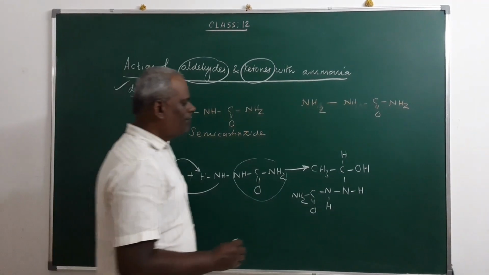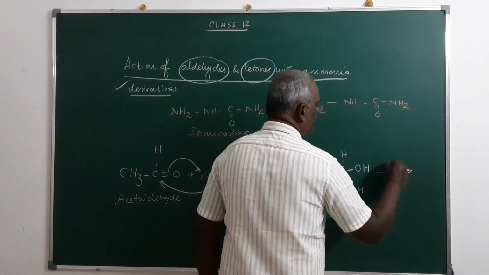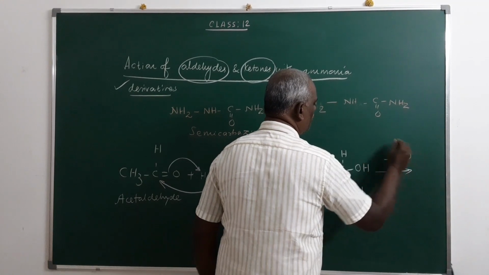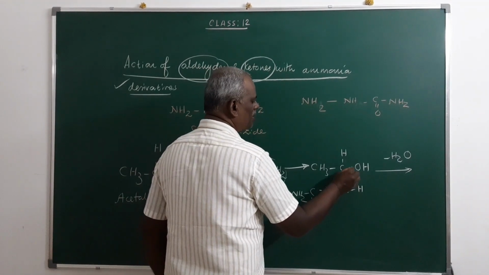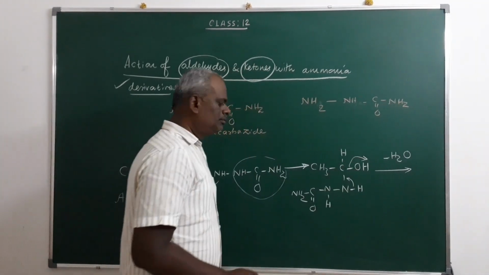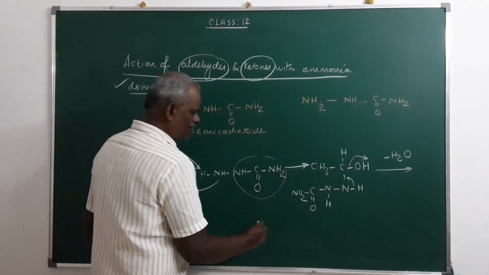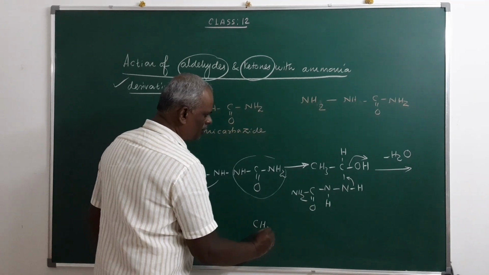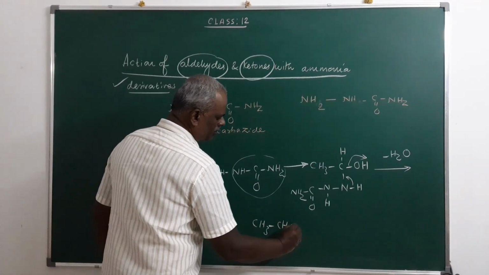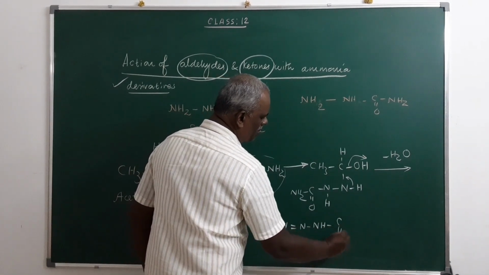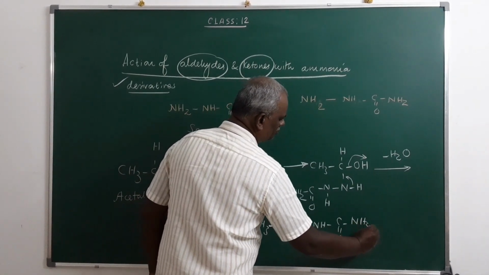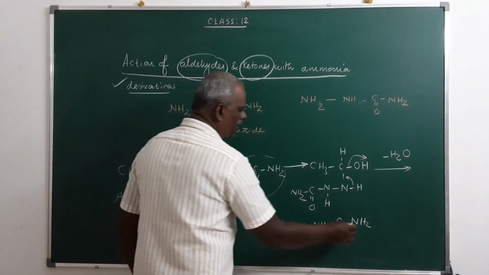After getting this, as usual, the condensation is to take place, the removal of water. The hydrogen is removed in the form of H plus and OH is leaving. And execute the change. We are expecting CH3CH double bond N, NH, C double bond O, NH2. This part is unaffected.